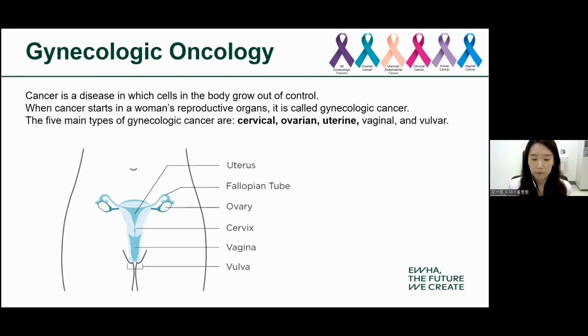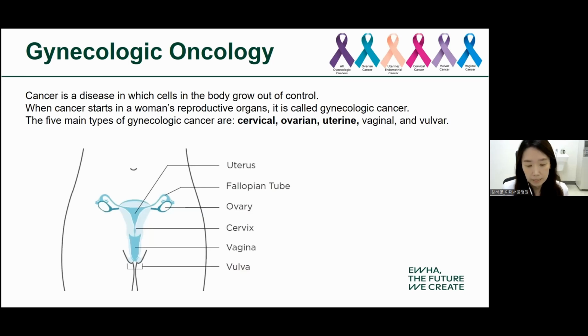Gynecologic cancer is any cancer that starts in women's reproductive organs. Cancer is always named for the part of the body where it starts. Gynecologic cancers begin in different places within a woman's pelvis, which is the area below the stomach and in between the hip bones.